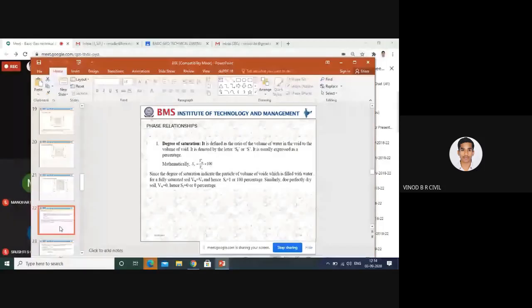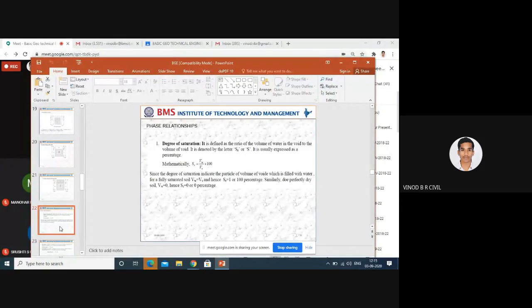How can we calculate it? Degree of saturation is denoted by SR, capital S, small r, or capital S. Some textbooks mention SR, degree of saturation SR. In some textbooks they denote it as S, but both are the same.